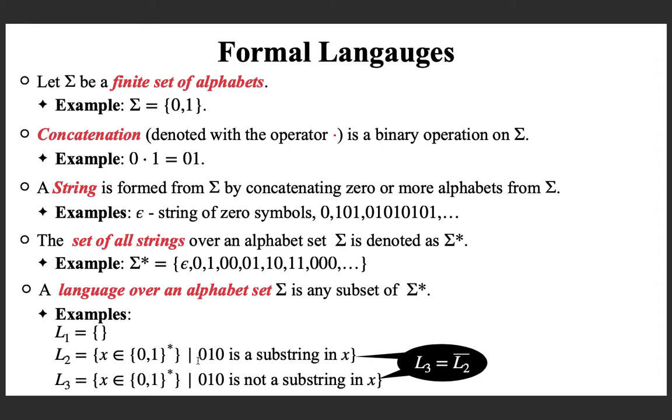If a string does not contain 0, 1, 0 as a substring, it is in the language L3. Otherwise, it is in the language L2. So it's a mutually exclusive set and actually a complement. So you are getting what a complement of a language is, right? It's actually sigma star minus that language. Sigma star minus L2 is this language.